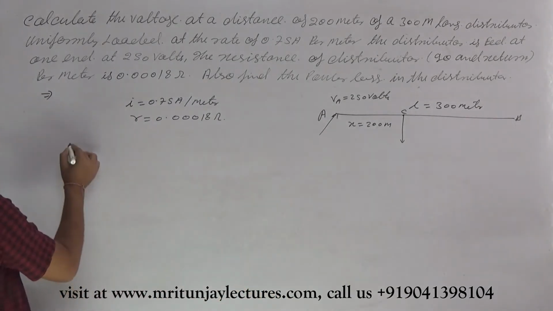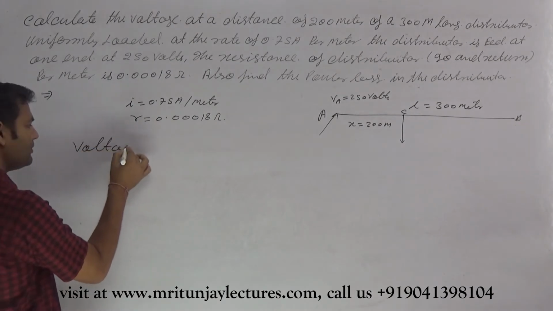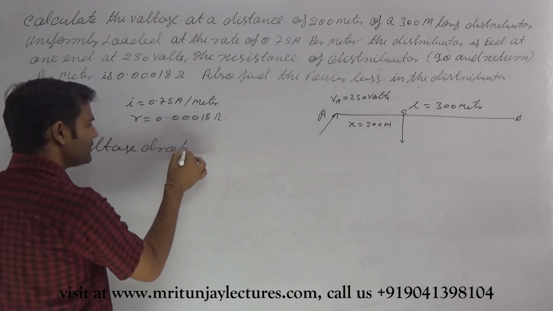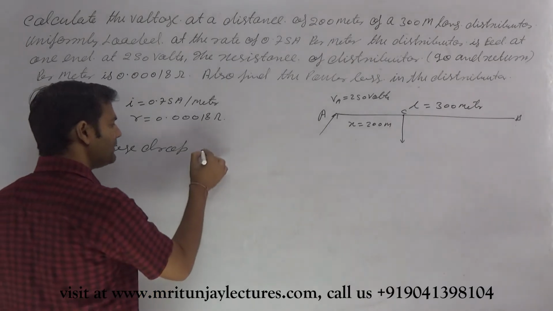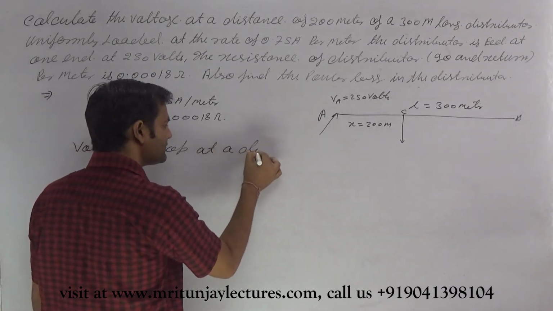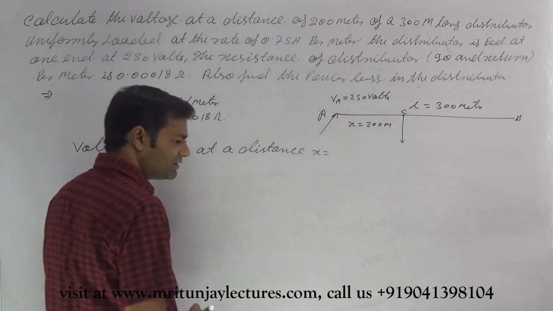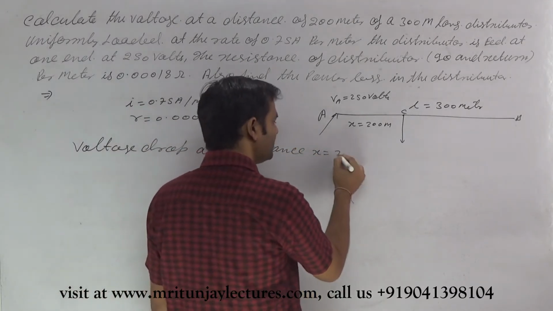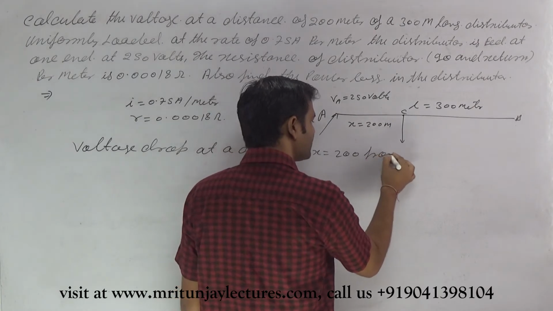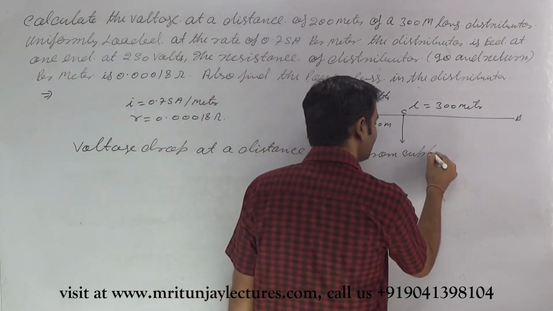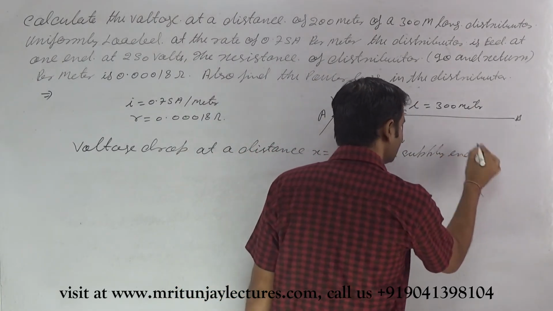So here written is voltage drop at a distance x this will equal to 200 meter from supply end.